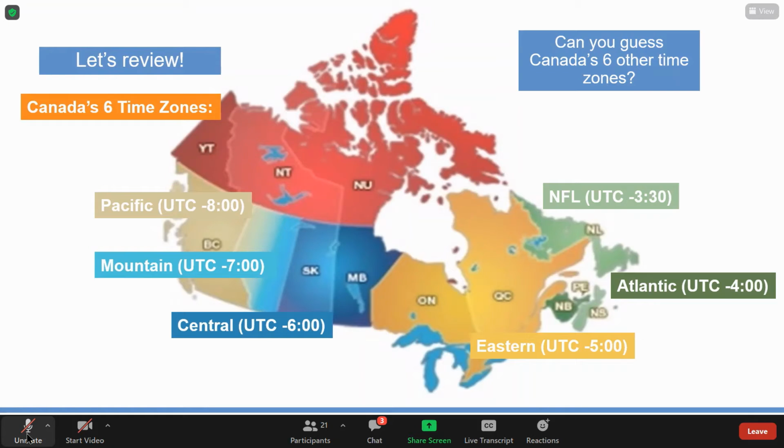So between us and Calgary, for example, we have 1 hour difference. If the time here is 12, in Calgary it will be 1 o'clock. So as you move on, the time zone changes. One of the questions you may have is how many time zones we have in Canada.